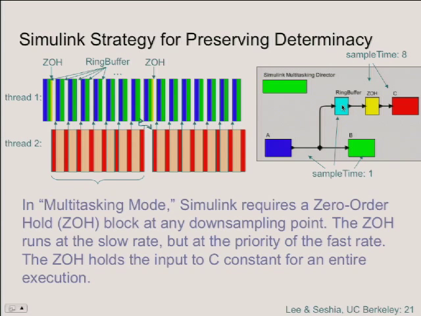As a consequence, it'll grab a snapshot of its input, present it on its output, and it's assured that the red won't have read it prematurely because it's in fact preempting the red. Okay? So you're using priorities here to prevent the zero-order hold from looking at its input at a random time, okay, which is what would happen without an interlock.